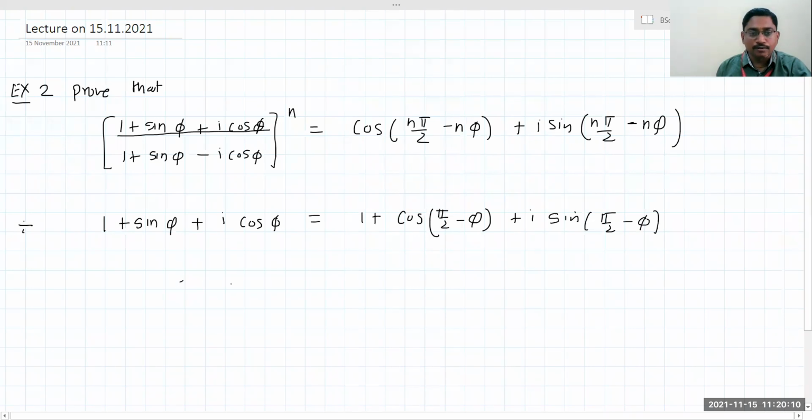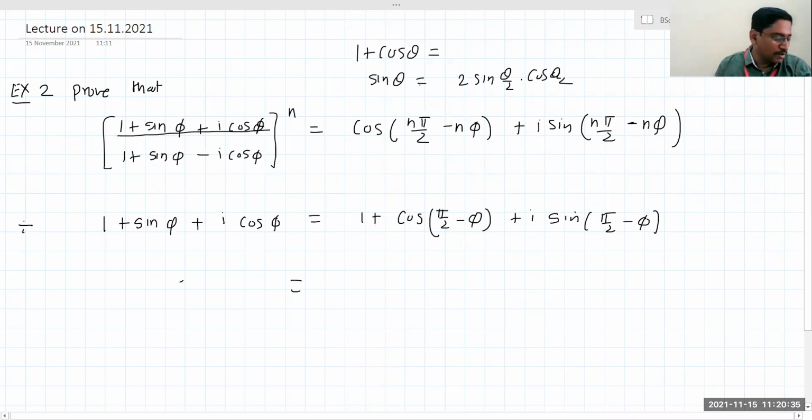Once again, we have to apply a result from trigonometry. What is 1 plus cos theta? Can anybody tell me? Likewise, sin theta is 2 sin theta upon 2 into cos theta upon 2. If I write t here, then theta will be 2 times t.